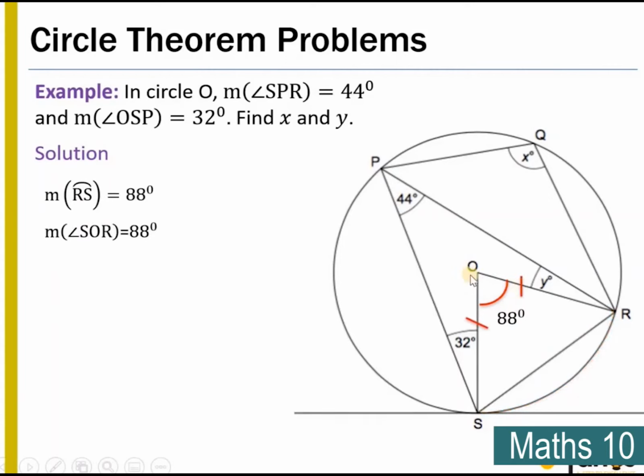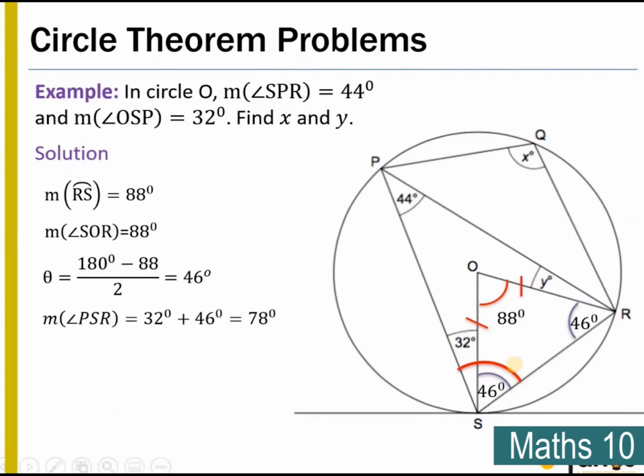This is an isosceles triangle because these two sides are both radii of the circle. So these two angles are equal. So we know that theta must be equal to 180 minus 88 over 2, which is 46 degrees. So this angle here is 32 plus 46, which is 78 degrees.